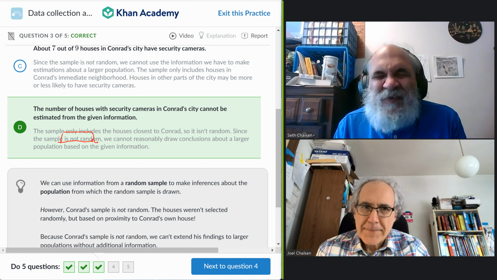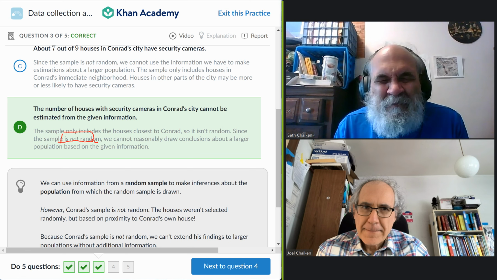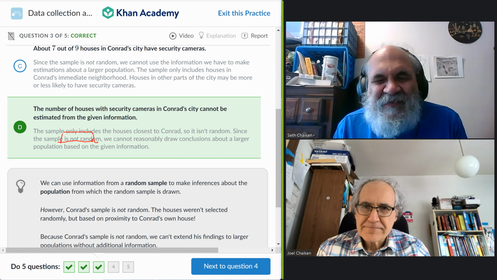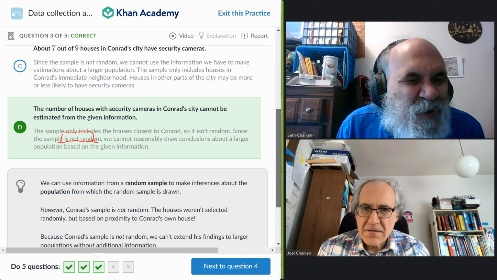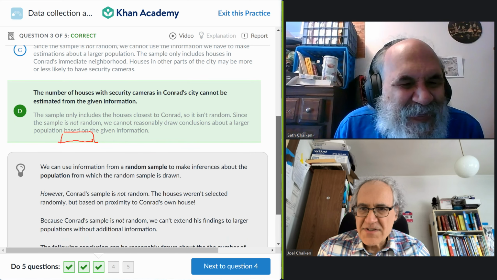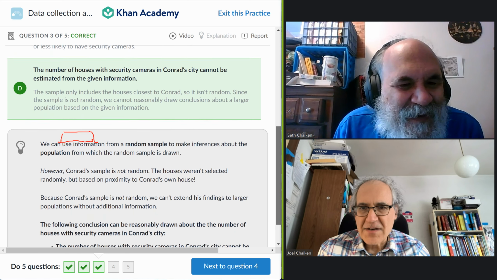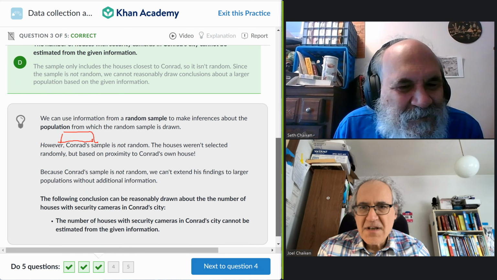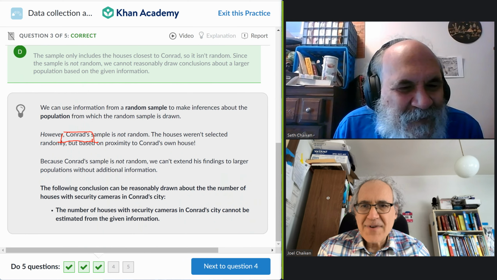I think that's basically what the two of us concluded, though we didn't say it was not random. But that's what we meant. The houses weren't selected randomly, but based on proximity to Conrad's house. So because the sample is not random, you can't draw any conclusions.